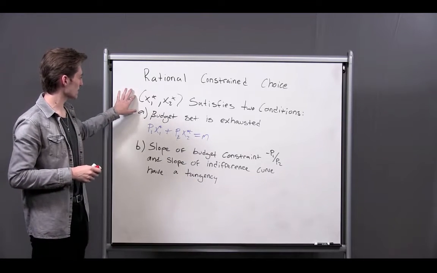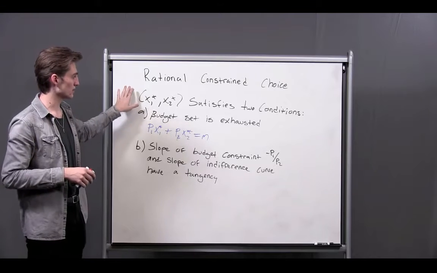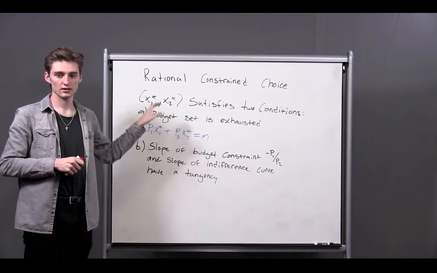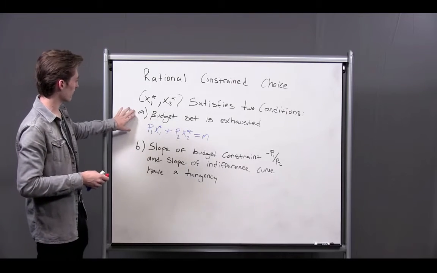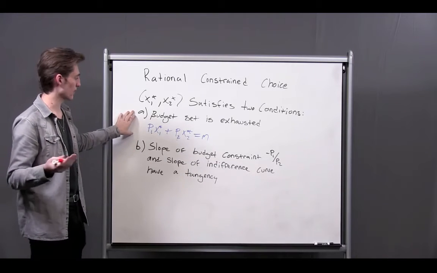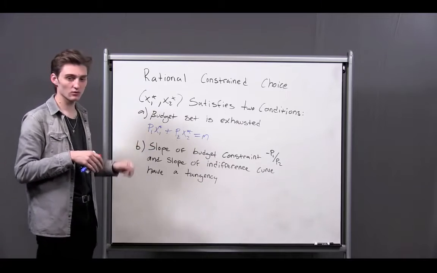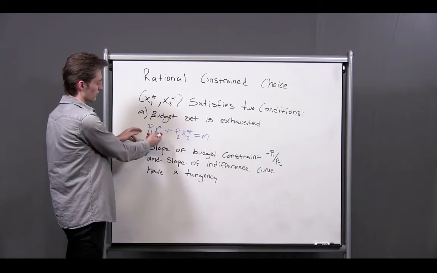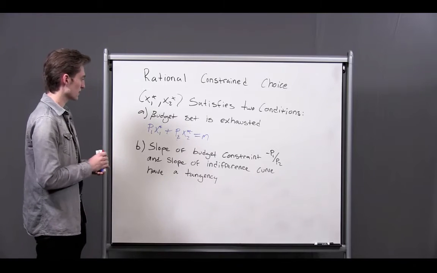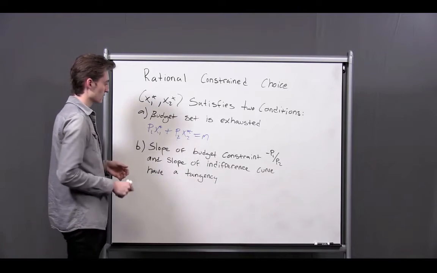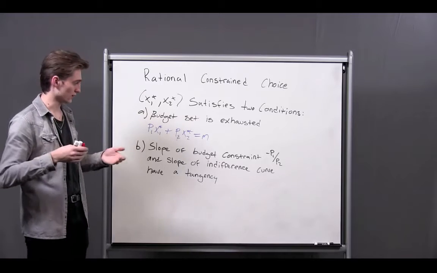So X1 star and X2 star have two key conditions to satisfy a tangency with our budget constraint and the indifference curve. A: the budget set is exhausted. So at the optimal bundle, between the price of X1 plus the price of X2, you've used all your income. If you have $100, you've spent all of your $100 on those two goods, given your preferences.